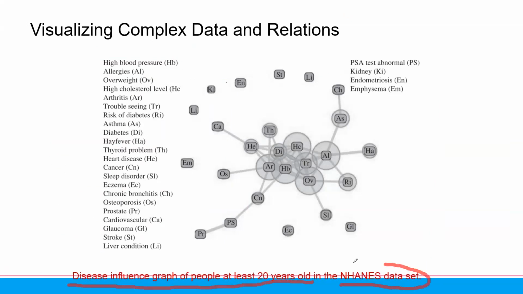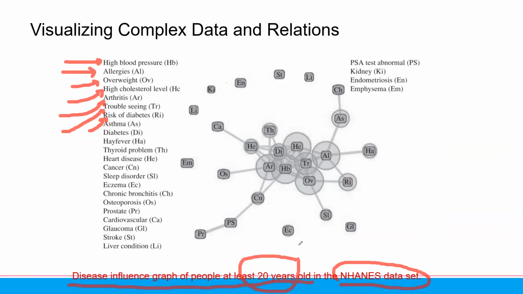There's a data set called NHANES. These are the disease names: high blood pressure, allergies, overweight, high cholesterol, arthritis, trouble seeing, risk of diabetes, and so on. There is a relationship between those diseases, and the big circle means there's a high risk for the person.